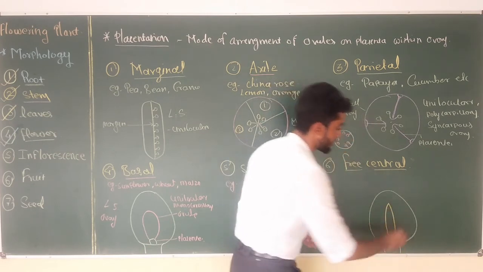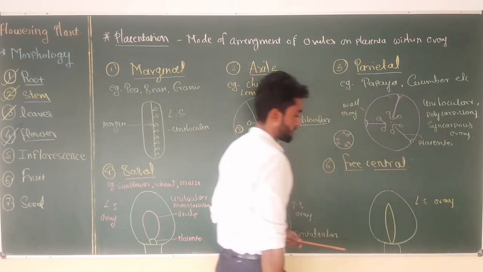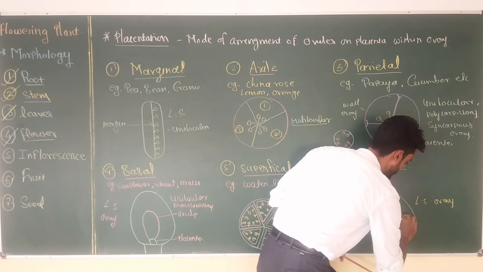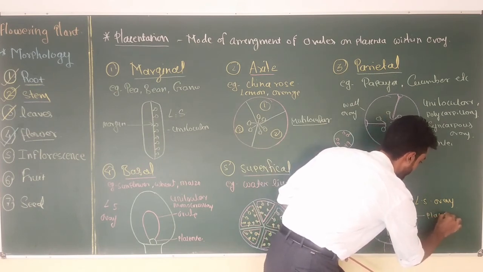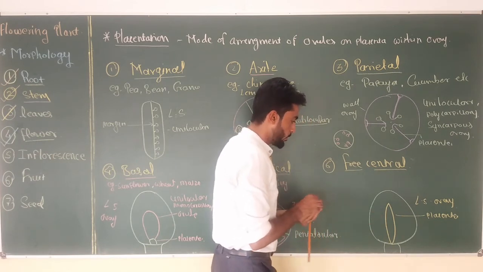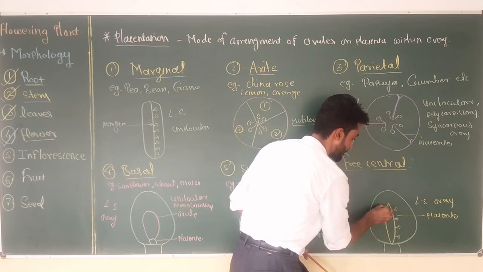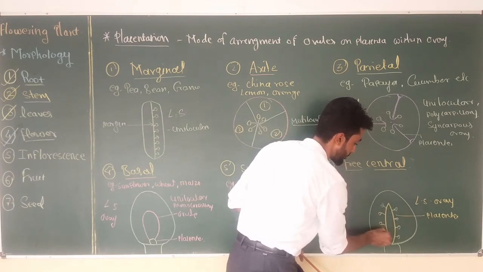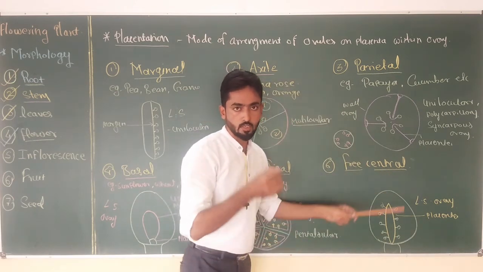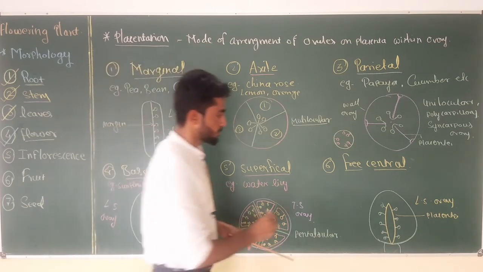Suppose this is the LS of the ovary, and at the center of the ovary, placenta is present, and to this placenta, ovules are attached like this. So it is called as free central because the arrangement of the ovule is on the center of the ovary. So this is the LS.